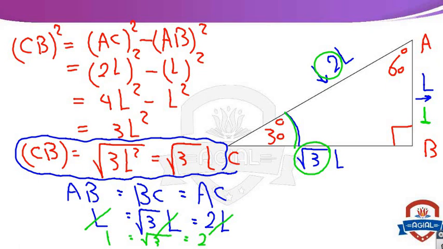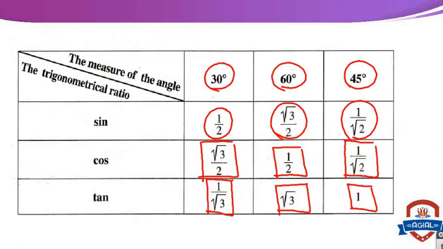Tan 30 equals opposite over adjacent, 1 over square root of 3. In this table: sine 30, 1 over 2; cosine 30, square root of 3 over 2; tan 30, 1 over square root of 3.